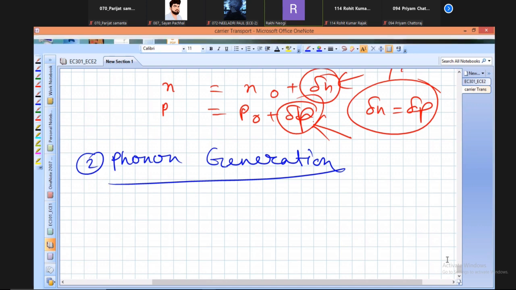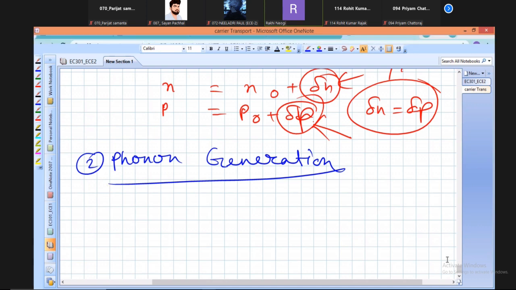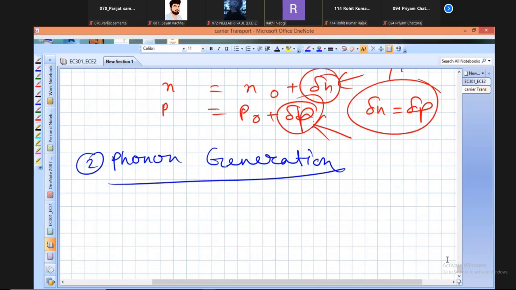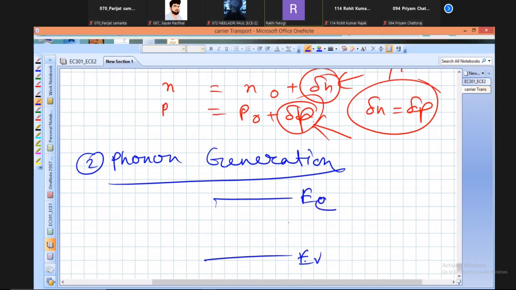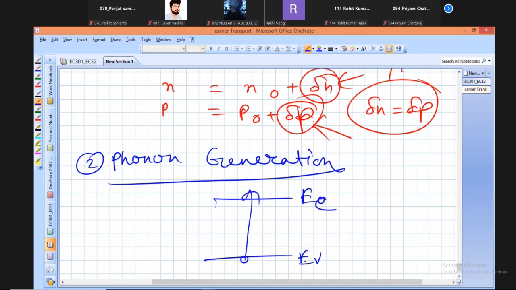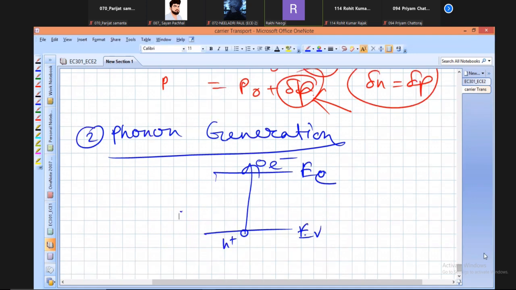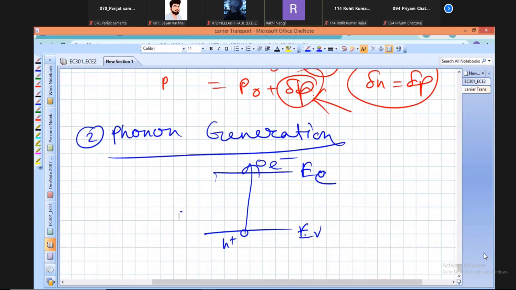By absorbing that thermal energy, the atoms vibrate about their lattice position, as well as electrons gain the energy, break the covalent bond, and make the transition from the valence band to the conduction band, creating holes in the valence band and electrons in the conduction band. These are processes where temperature or phonon particles are involved for carrier generation.